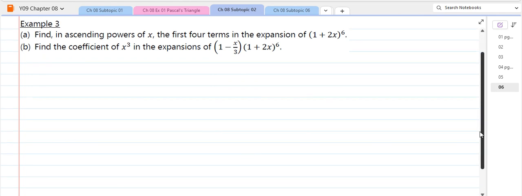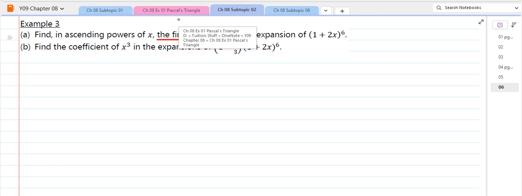So the last example for this one is to find, in ascending powers of x, the first 4 terms. So here, there's a specific term that you have to find in the expansion of (1 plus 2x) to the power of 6. Although you have an index of 6, in which you will have 7 terms, you will have to find only the first 4 terms.